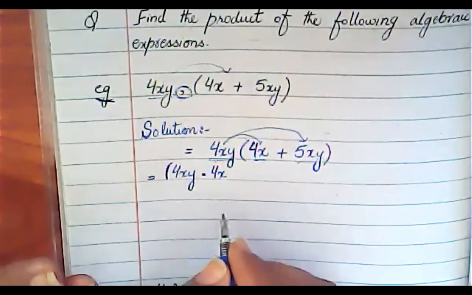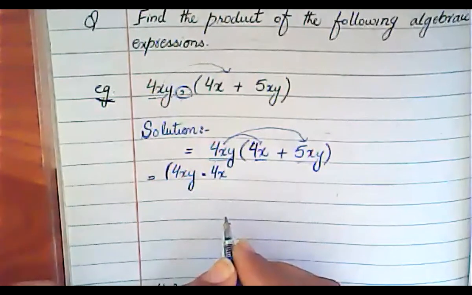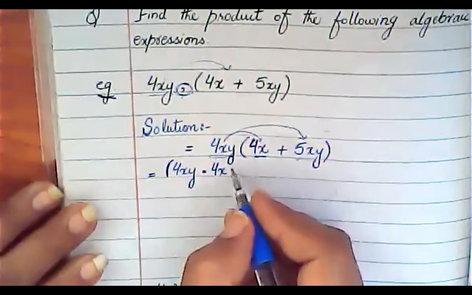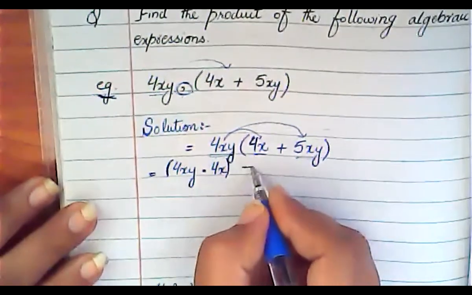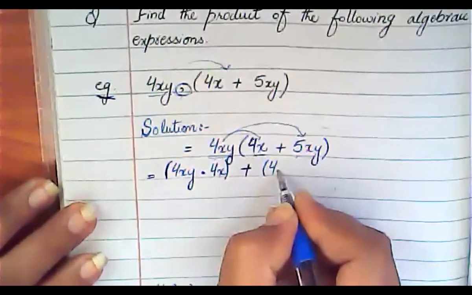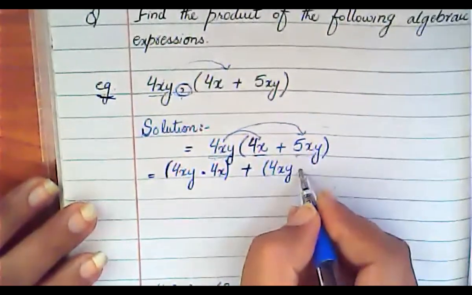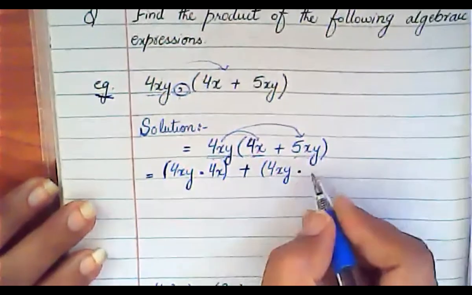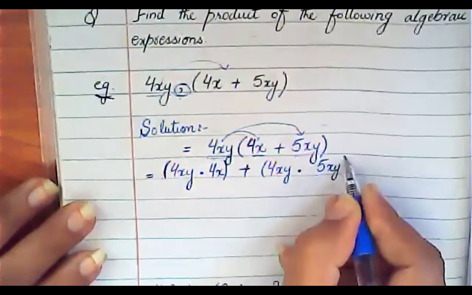Steps are very important here, so please remember what steps you are going to use. Then for the sign of addition, you will write plus. Then again you are going to multiply this 4xy with 5xy, with the sign of multiplication here, and then you will write 5xy.